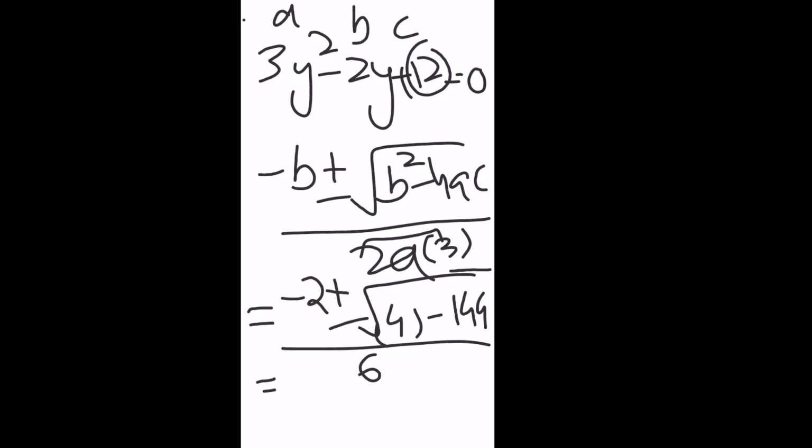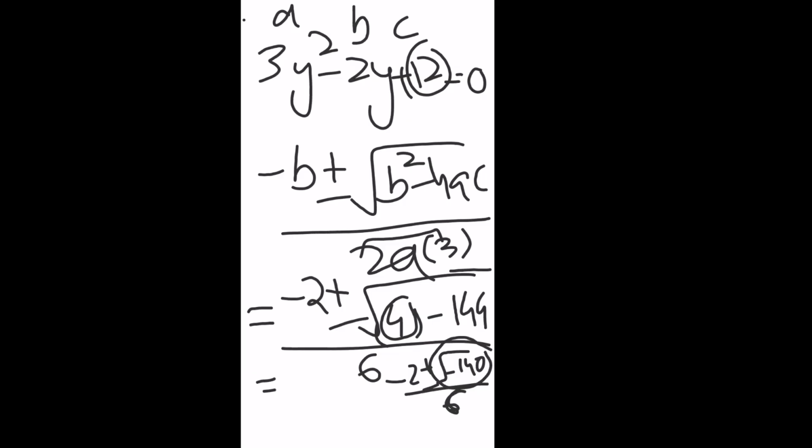Now what you're going to do is subtract 4 from 144. So you got -2 plus minus root -140 divided by 6. Now, can you tell me, -140 is a negative number? We can't take the square root of a negative number, isn't it?